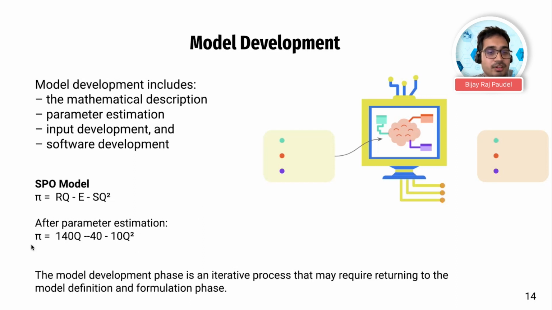The objective is to optimize the number of teams so that Spiralogics gets the maximum profit. When the number of teams increases, the revenue increases, but so do expenses because of more expenditure and salary. Practically, this model development phase is an iterative process, and it requires returning to the variable definition, parameter estimation, and everything again and again to create an accurate model.